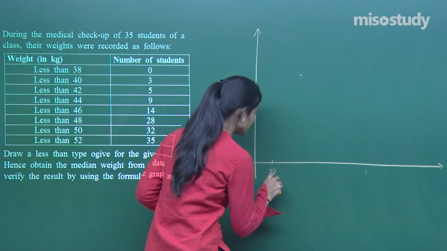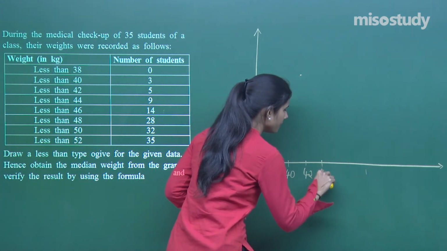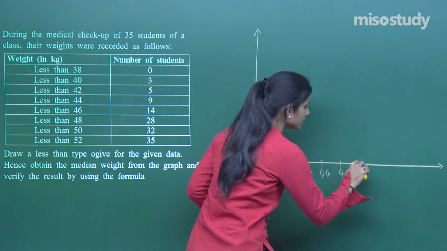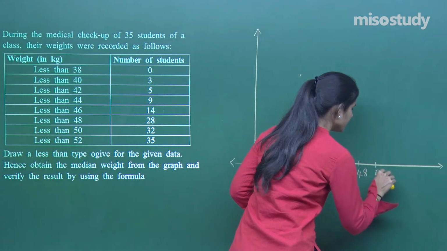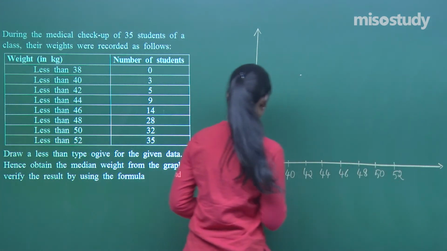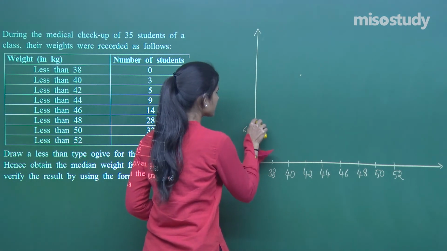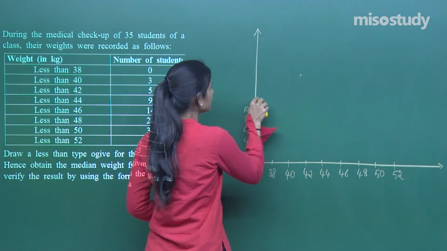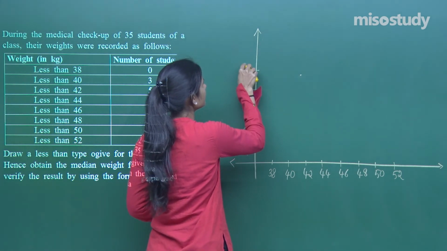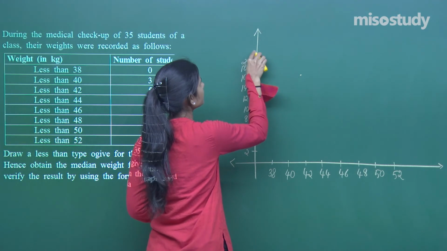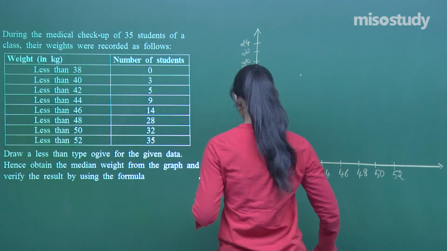So this is 38, then 40, 42, 44, 46, 48, 50 and 52. Here also let me mark 2, 4, 6, 8, 10, 12, 14, 16, 18, 20, 22, 24.